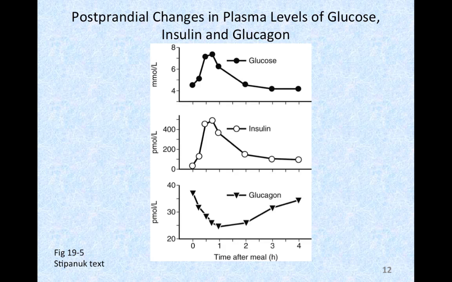And if we look down at the bottom, we see that after a meal, glucagon typically goes down, and then as blood glucose goes down following the effects of insulin, then glucagon starts to come back up. Okay, we've gone through that a few times.